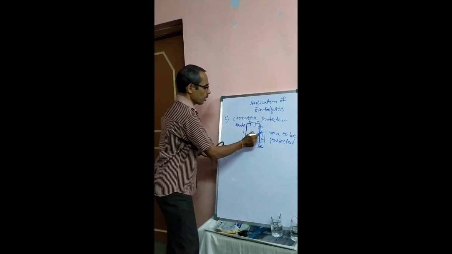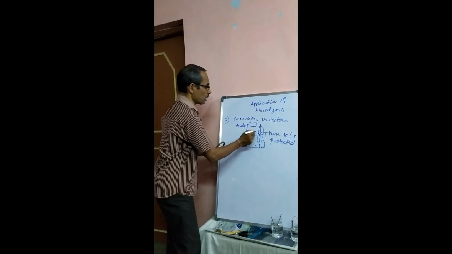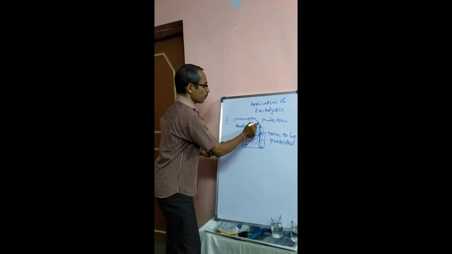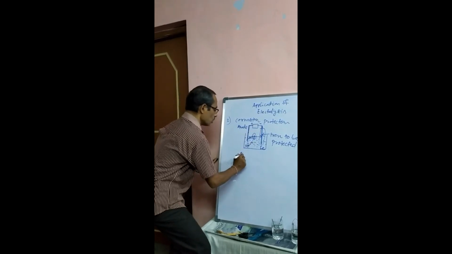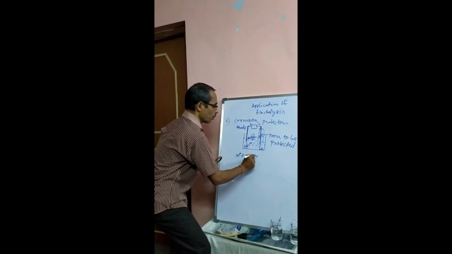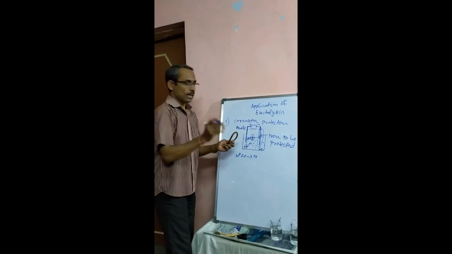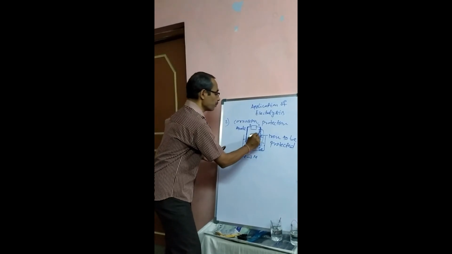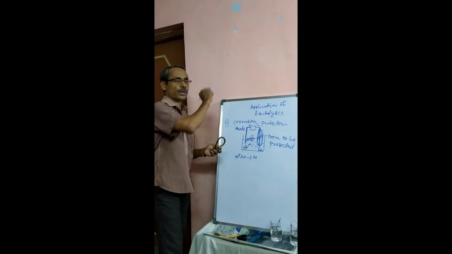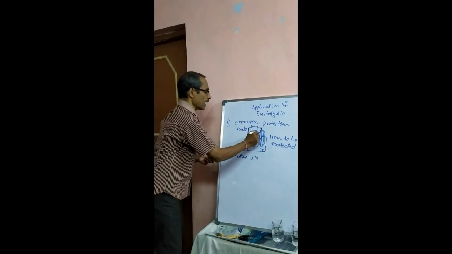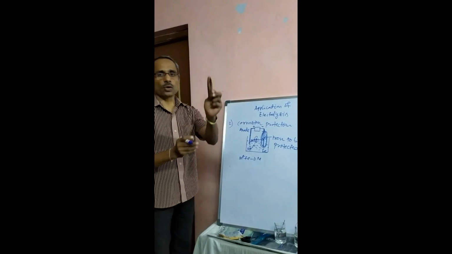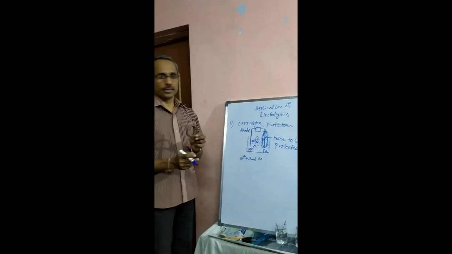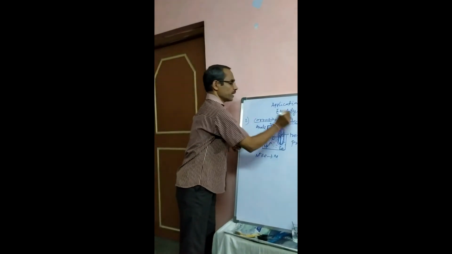When it moves here, M plus takes the electron from the cathode and gets neutralized into metal. Now what happens to this metal? It is deposited over the iron surface. Once the entire iron surface is covered, you stop the process, and your iron is protected. This is corrosion prevention.